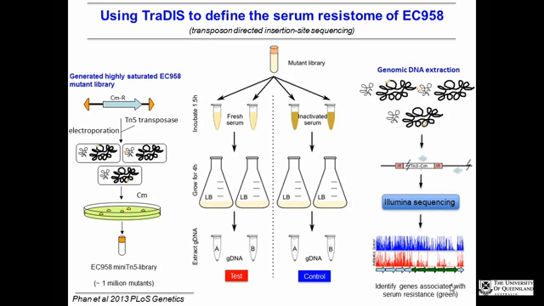We specifically targeted this region, and we used Illumina sequencing to determine all of the insertion sites for the transposon in the population. So we had both an input pool and an output pool. Our input pool is the library as generated, and the output pool is what we recovered after that incubation period in human serum.